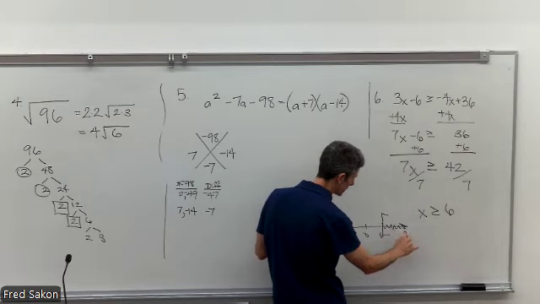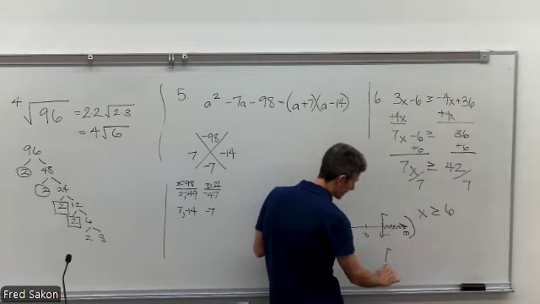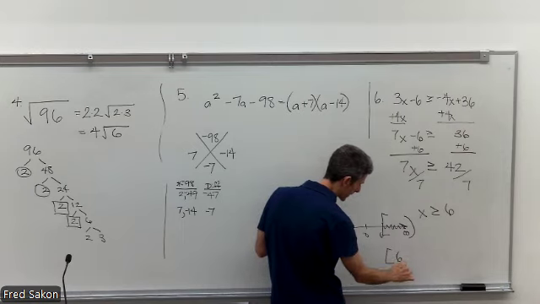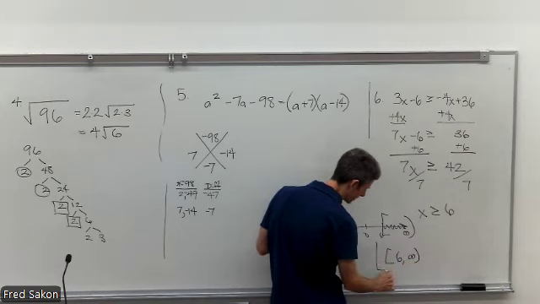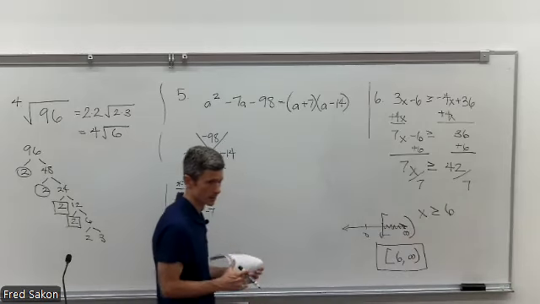I'm going up indefinitely. I go to infinity, and I use a parenthesis on that infinity. Then we started from 6 with a square bracket and went to infinity. Close paren. There is my final answer right there in interval notation.